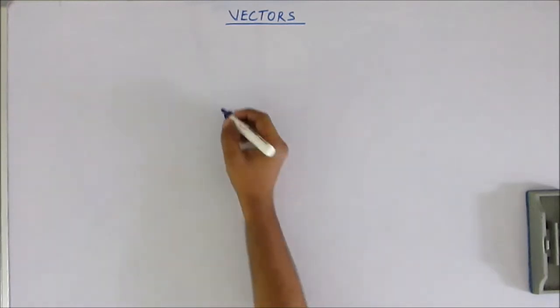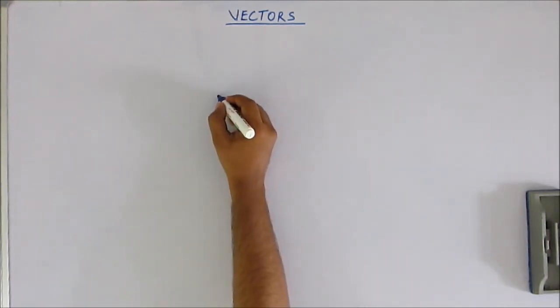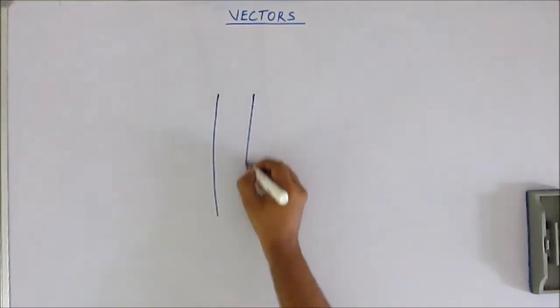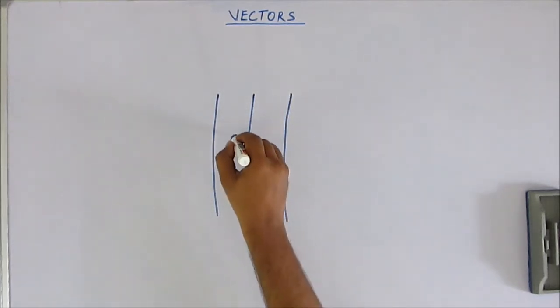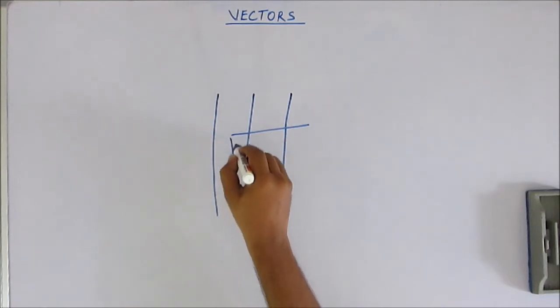Let's start by discussing something. Suppose I give you a grid map of a city, something arbitrary like this.